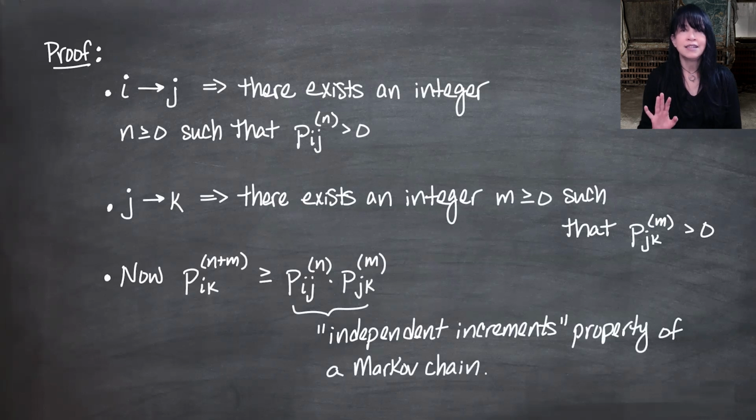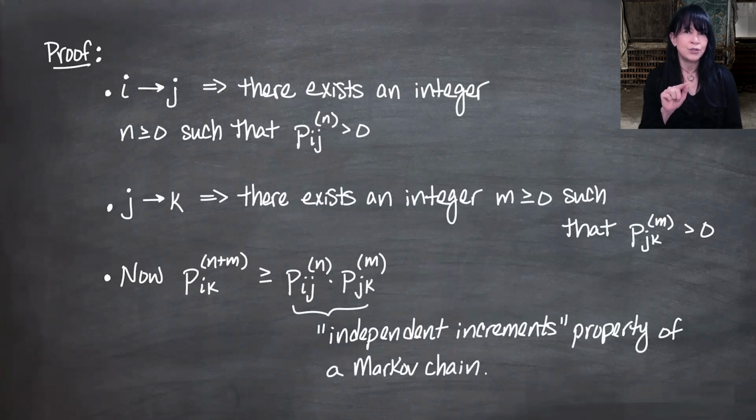So this does not take care of all the ways we could potentially go from I to K in n plus m steps. And if this is enough for you, then I think it's okay to look at this and say by the independent increments property, I know that this is one way to go from I to K, and I think this is a fine statement.